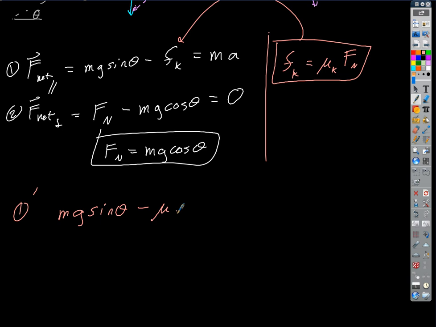We know what theta is, I just don't have to write it every time, so I'm just going to call it theta. But it's 30 point whatever it was, it's up on the board. So minus mu times the normal force. And what is normal force? mg cosine theta, right? So mu times mg cosine theta equals ma.